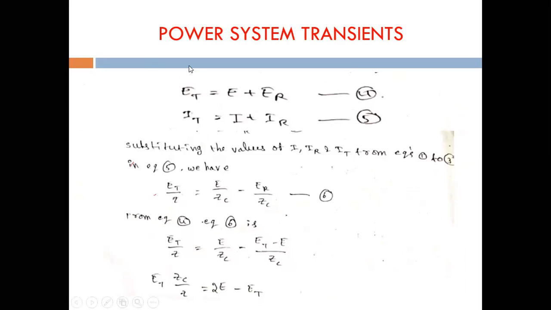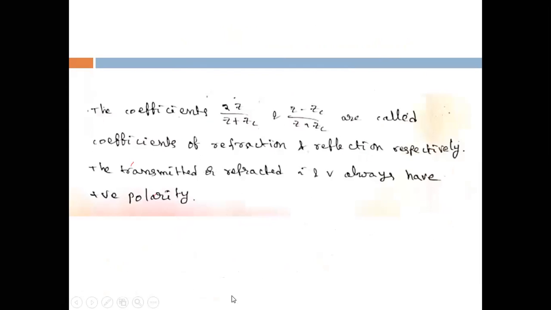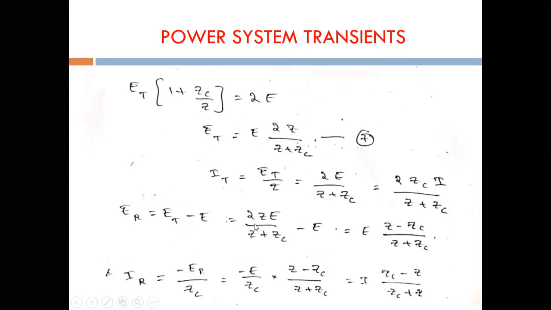Okay, these are the normal equations. The transmitted voltage is equal to the algebraic sum of the incident voltage and also the reflected voltage, and these are the refracted voltage and refracted current equations. In these equations the coefficients are 2zc by z plus zc, and z minus zc by z plus zc.